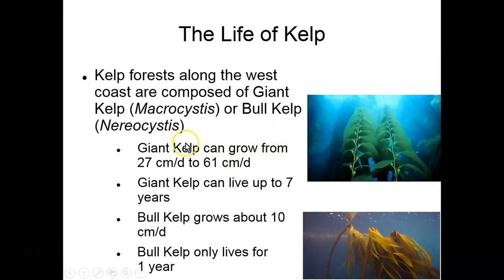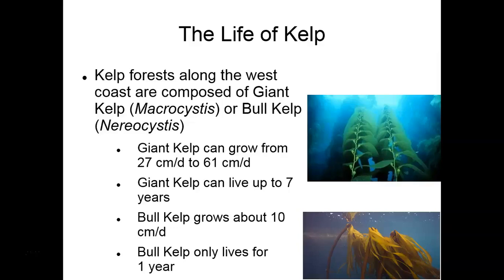Now, like I said, kelp forests along the west coast are composed of giant kelp, which is called Macrocystis, that's a genus, or bull kelp, Nereocystis is the genus. Giant kelp, which is pictured here, can grow from 27 centimeters per day to 61 centimeters per day. So that is extremely fast. That basically means they can grow about a foot a day.